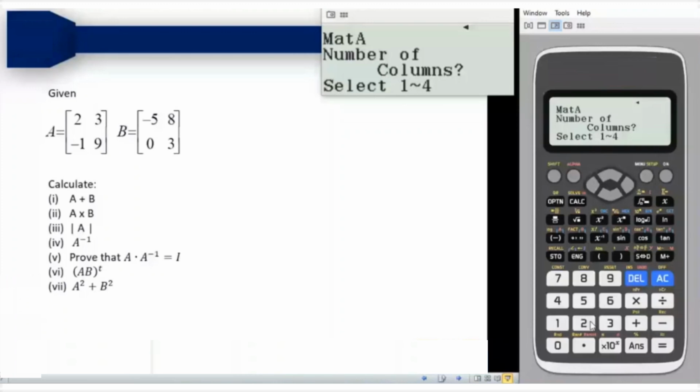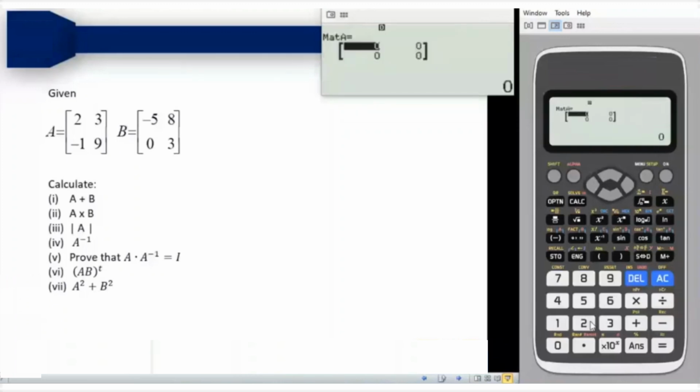So on my screen, I have a 2 by 2 matrix which I need to fill in. So 2 equals, 3 equals, minus 1 equals, 9 equals. The first matrix has been defined, that is 2, 3, minus 1, 9.